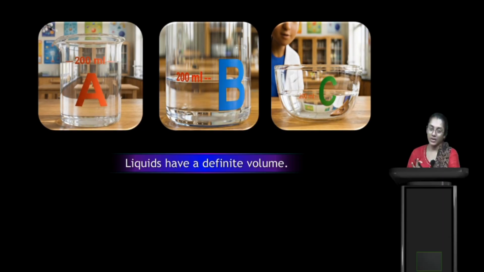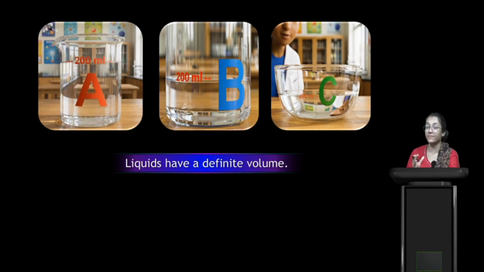In every case, the water level was 200 ml. First, the boy poured water up to 200 ml into pot A. From pot A he poured into pot B, and this time also the water level was 200 ml. In pot C, a similar thing happened and the water level matched 200 ml, isn't it?